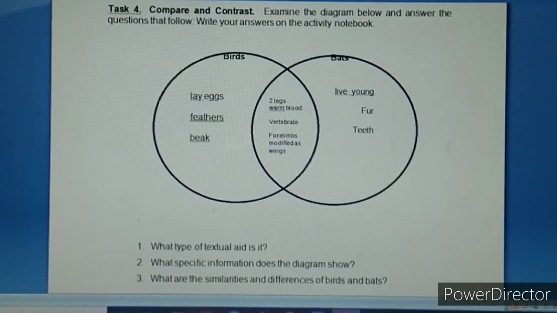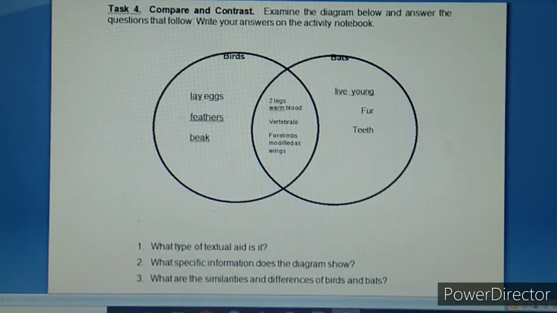Now, let's continue with the activity in task 4. Compare and contrast. Examine the diagram below and answer the questions that follow. Write your answers on your activity sheet. There are 2 overlapping circles there. One is about the birds, the other one is bats.